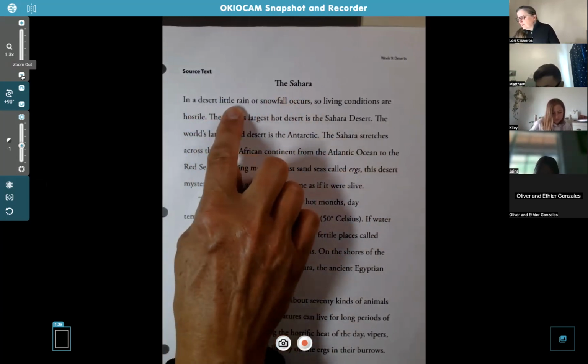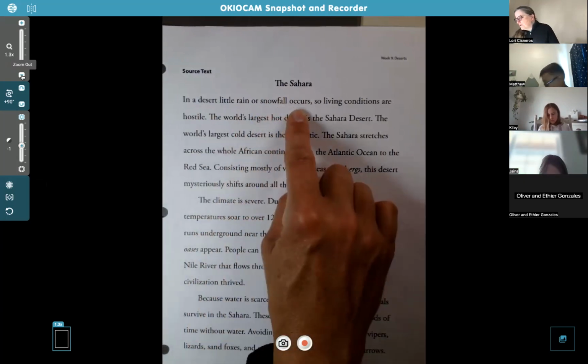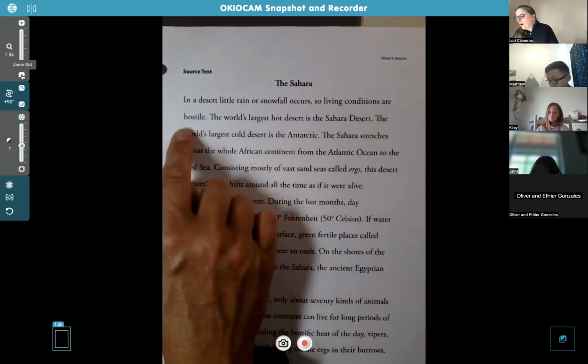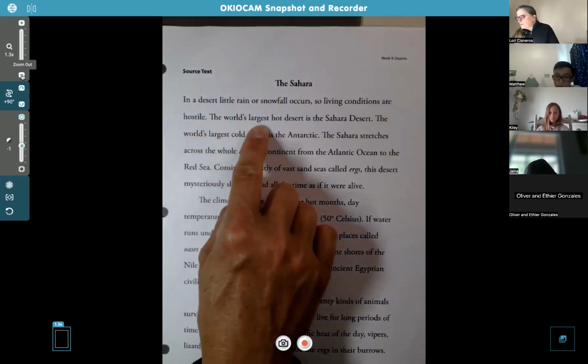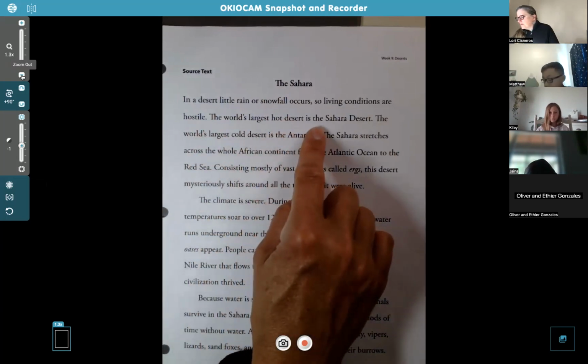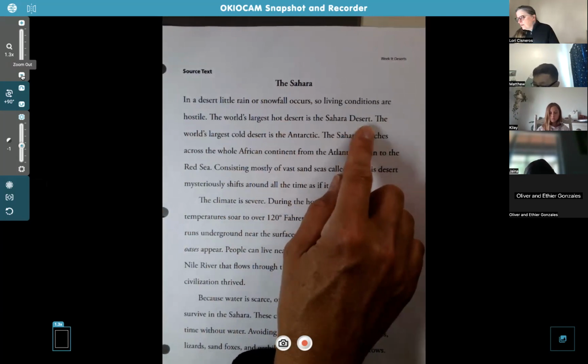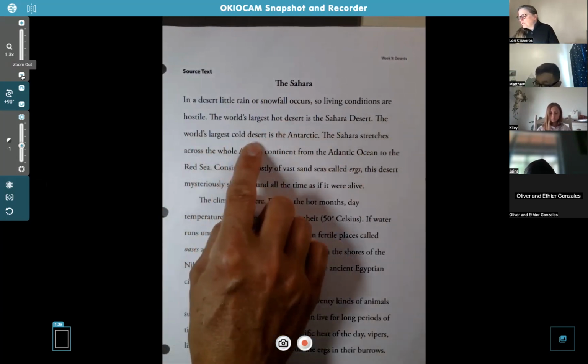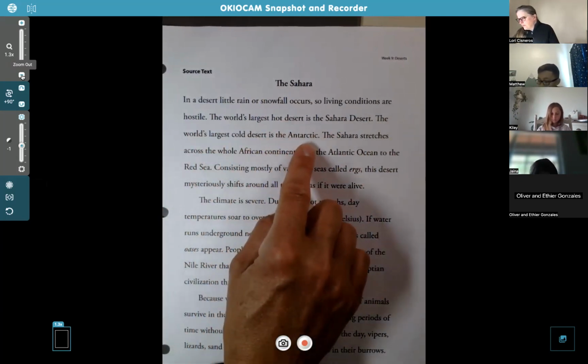In a desert, little rain or snowfall occurs, so living conditions are hostile. The world's largest hot desert is the Sahara Desert. The world's largest cold desert is the Antarctic.